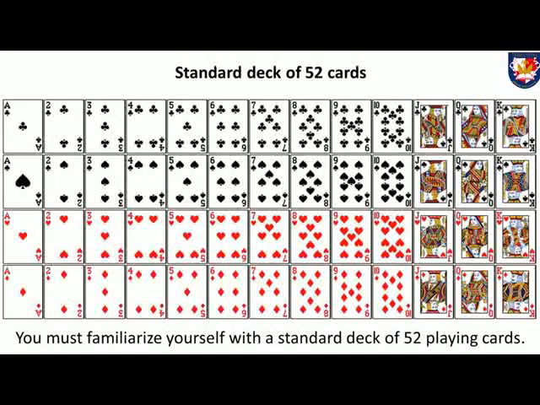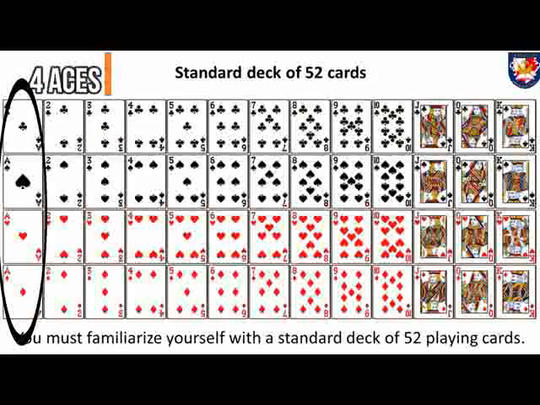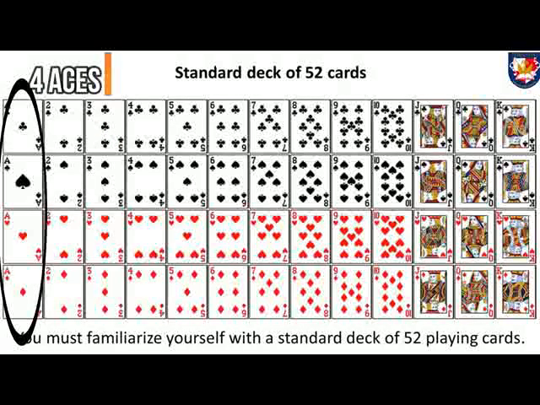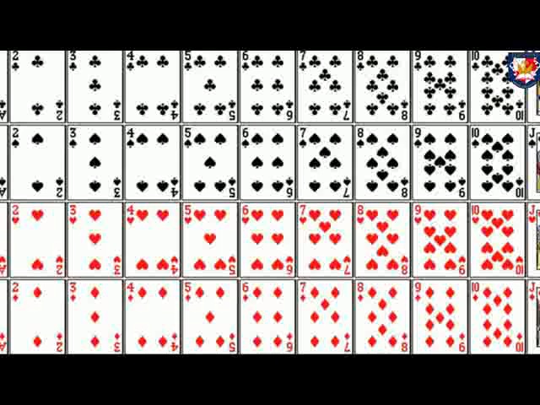A standard deck of cards has 4 aces: 2 black aces and 2 red aces. The cards 2 through 10 are called number cards. There are 9 number cards of each suit. That means there are 18 black number cards and 18 red number cards.